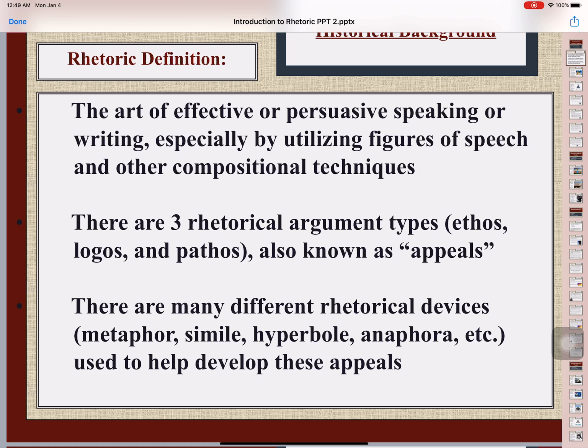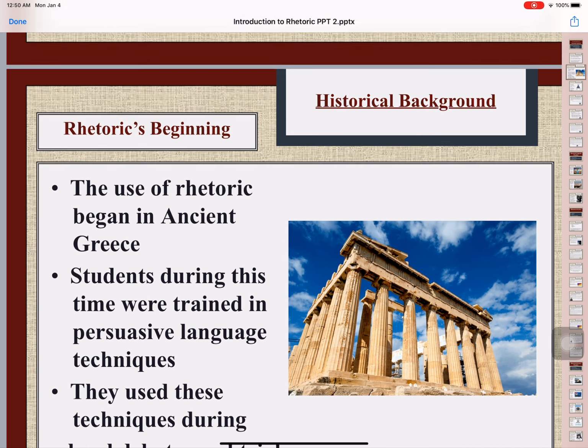That was the last part of number 2 on your guided notes. And there are many different rhetorical devices, metaphor, simile, hyperbole, anaphora, used to help develop these appeals. So this is really in line with what we talked about semester 1. The big overarching would be the ethos, pathos, logos, and sometimes kairos, those appeals. And then underneath them we have these devices which help develop our appeals.